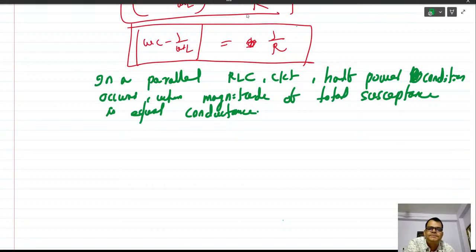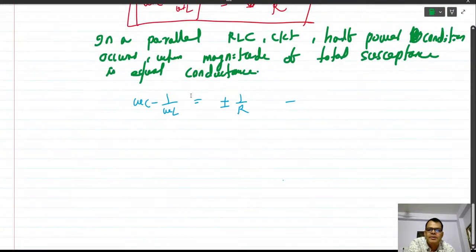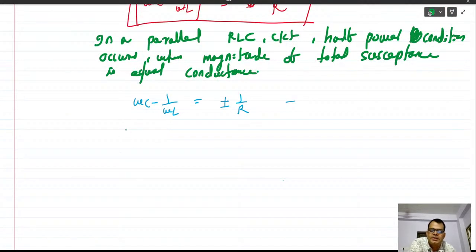So omega C minus 1 upon omega L is equal to plus minus 1 upon R. By solving this, you will find the same as what we found in the series circuit.